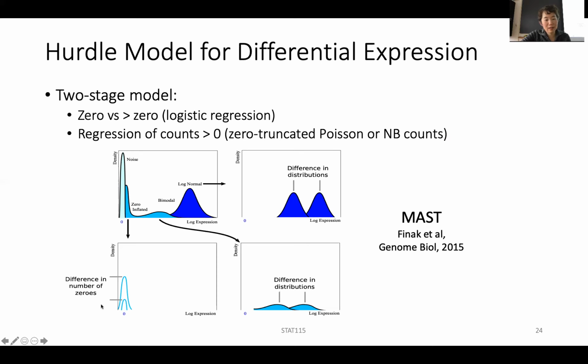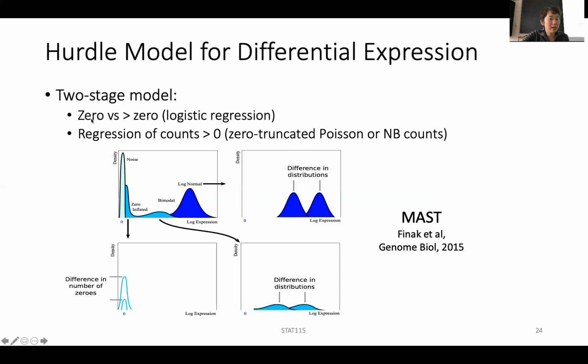You can look at the number of cells in which this gene has a zero, and also, when it is not zero, whether the expression levels are the same or different. And also the propensity of this gene being zero versus being expressed. And so the MAST algorithm uses this hurdle model to calculate.